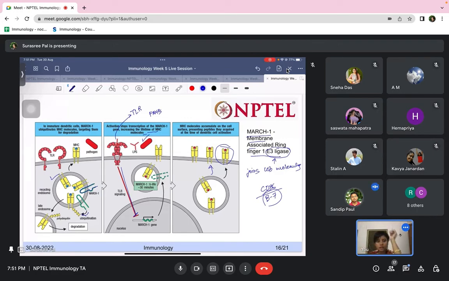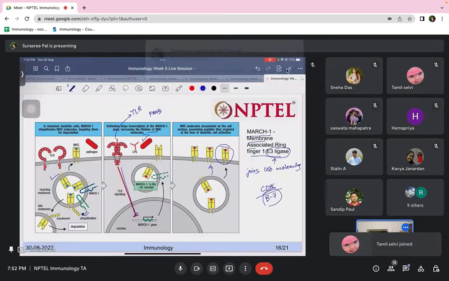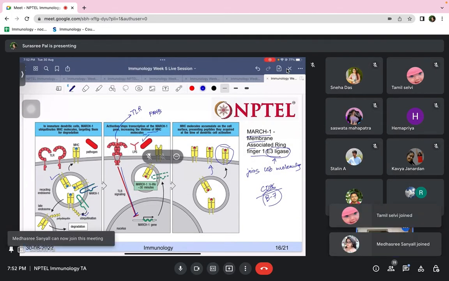Any doubts? Yeah, I thought some MHC will always be represented on the surface. As I understand here, if no pathogen is coming, then there will not be any MHC on the surface. No, not exactly like that. I told you in the last session also that the MHC molecules will also express some self antigens on the surface.